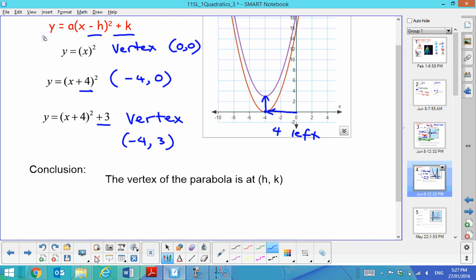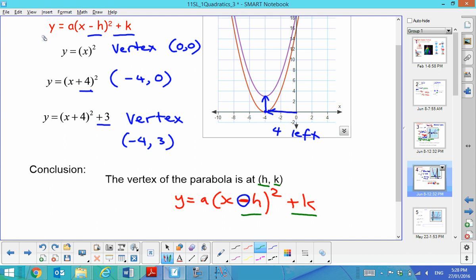So remember, we've written up our general equation as y equals a(x minus h) squared. All right, that's very important, you see that's written as a minus. Plus k. So the k value here is the same as that, but the h value needs to be seen as minus h.